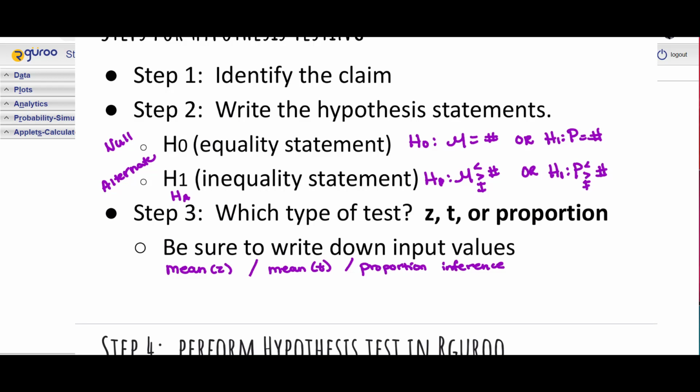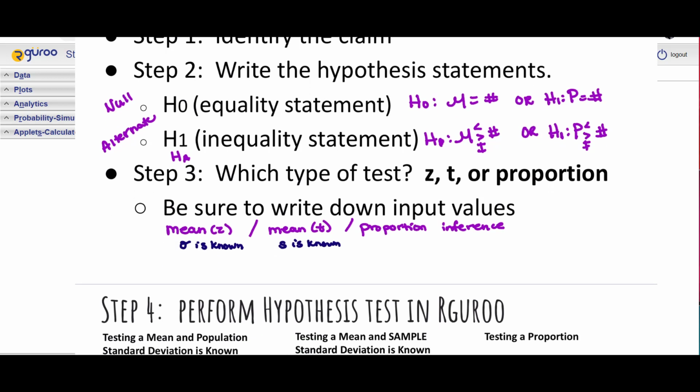I'm going to write that down. So mean Z is when population standard deviation is known or given, and a mean T is when the sample standard deviation is known, or perhaps they didn't tell you what the sample standard deviation is, but they gave you the data from the sample and you could calculate it yourself.